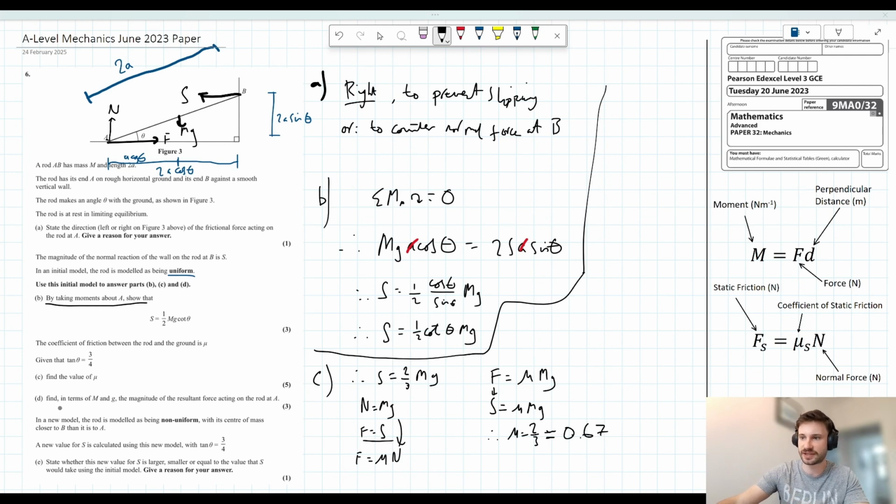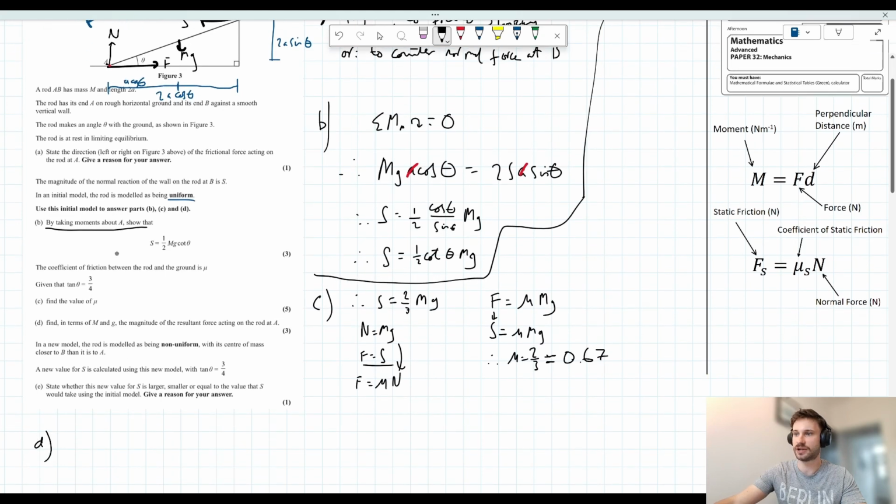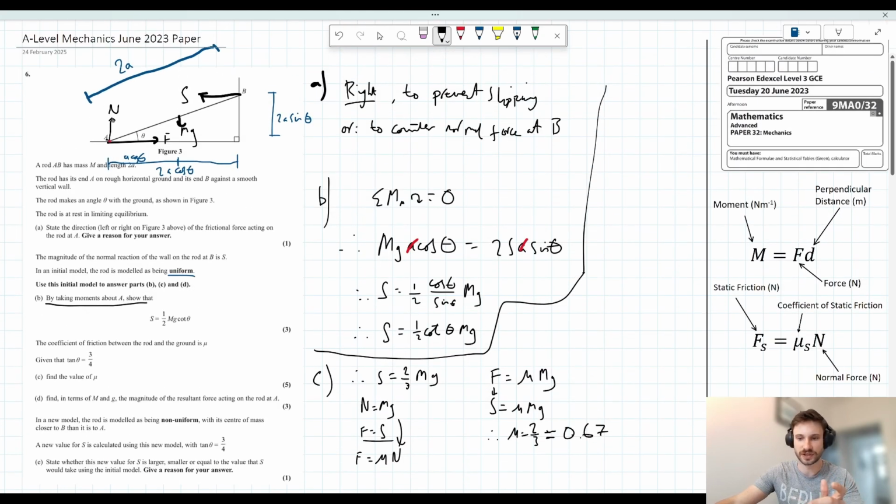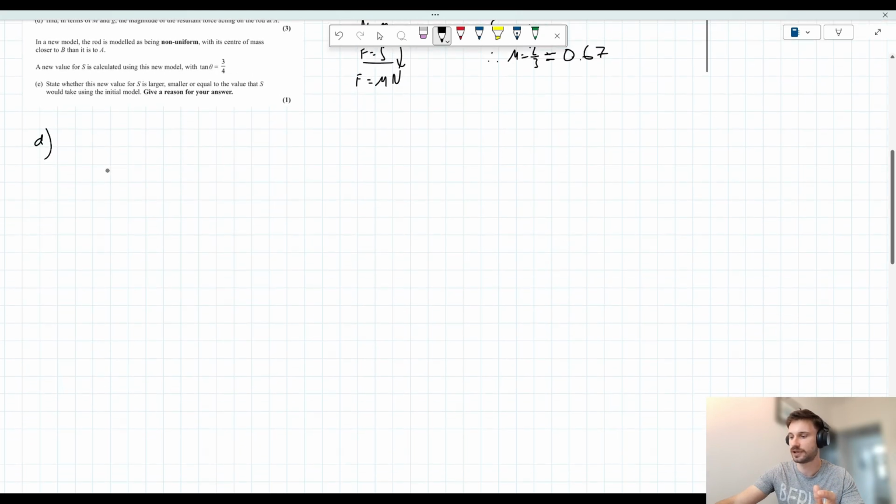So part D is asking, find in terms of M and G the magnitude of the resultant force acting on the rod at A. So in a sense, we want to hone in on point A here. We want to just consider point A. Let's go ahead and do that then. We understand there are two forces acting at point A here, this normal force N and this frictional force F. Let's diagrammatize that.